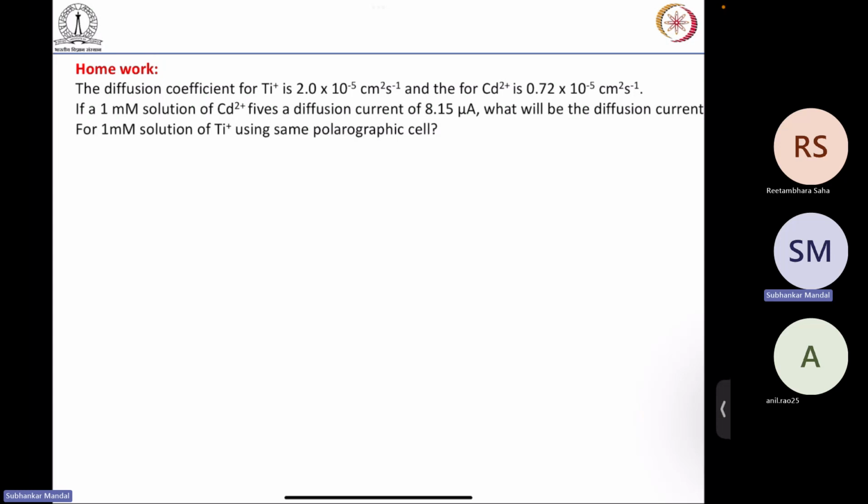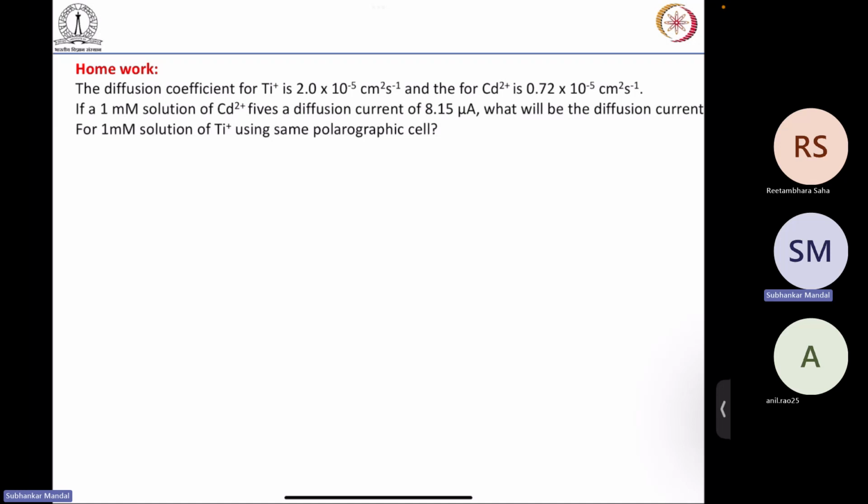The diffusion coefficient of thallium plus is 2 into 10 to the power minus 5 centimeter square per second, and for cadmium 2 plus it is this. So this is a mixture of two ions, one is thallium plus, the other one is cadmium 2 plus.